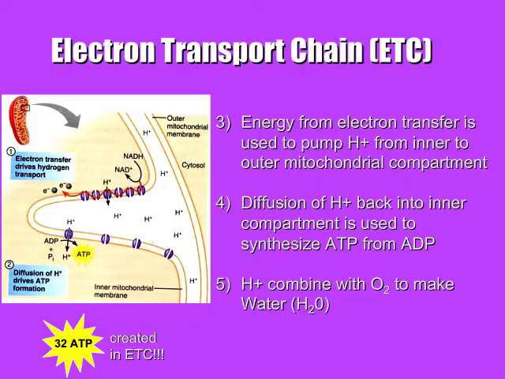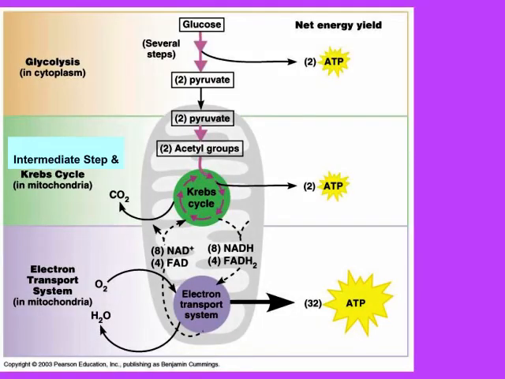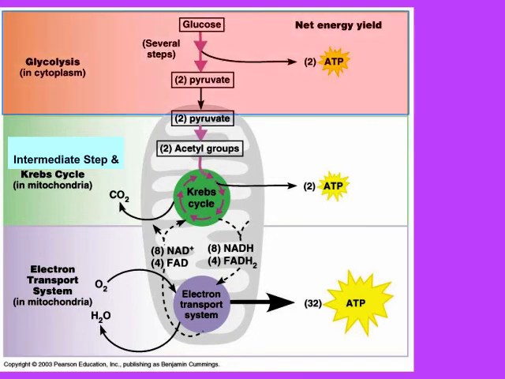And this slide just gives an overall summary of the events happening during glycolysis, the Krebs cycle, and the electron transport chain. Remember, at the beginning of glycolysis, glucose entered the cytoplasm, and glucose is a 6-carbon molecule. In the process of glycolysis, it was broken down into 2 3-carbon fragments called pyruvate. In the process of this, we got 2 ATP without the benefit of oxygen.